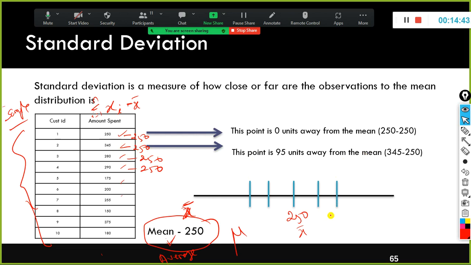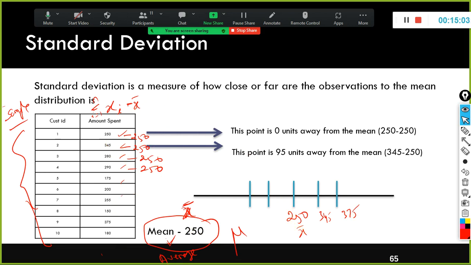Let's say 345 is here. The next one is 375. Likewise, you subtract the mean from each and every value. I repeat once again, the second value, 345, is 95 units away from my mean.